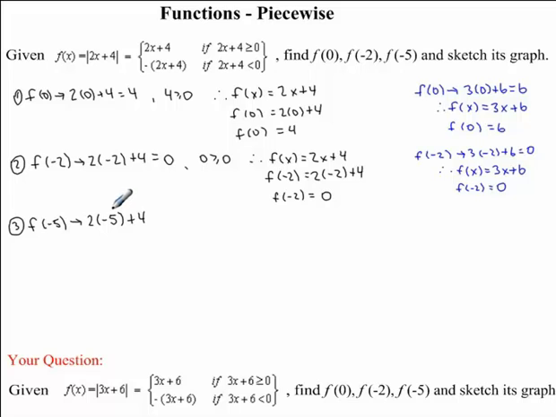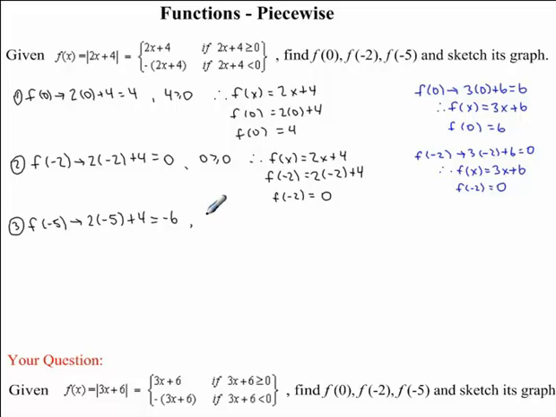2 times negative 5 will give us negative 10 plus 4 is equal to negative 6. So now, our answer is no longer greater than or equal to 0, it actually satisfies this condition when it is less than 0, since our answer is -6. So the function we were going to use to evaluate f of -5 is 2x plus 4 all times -1.